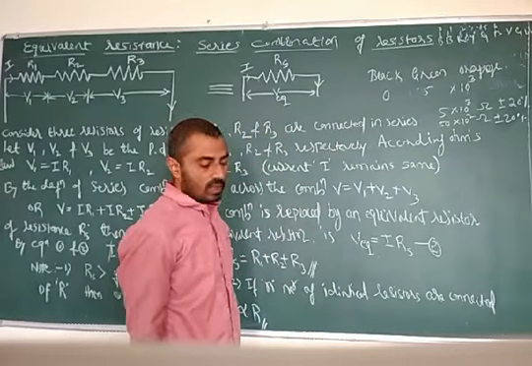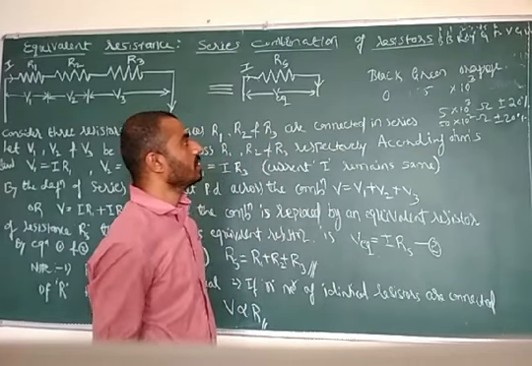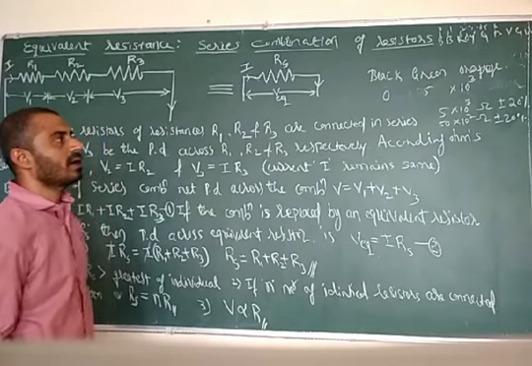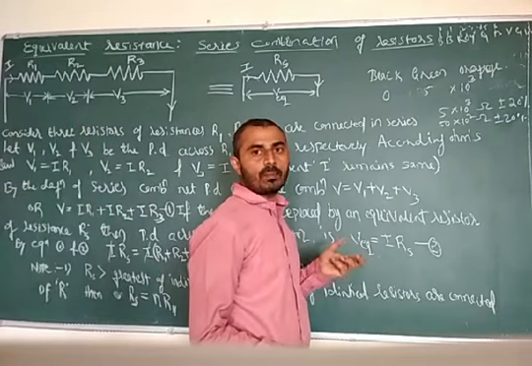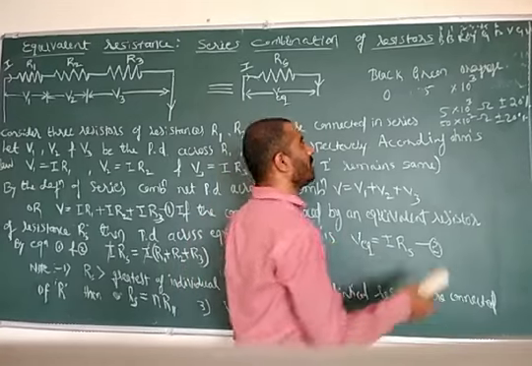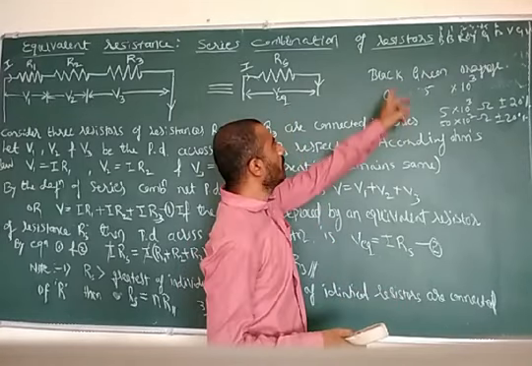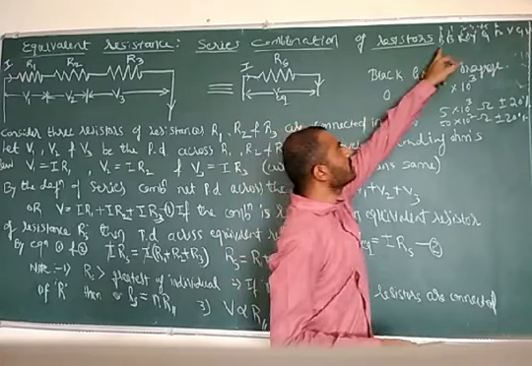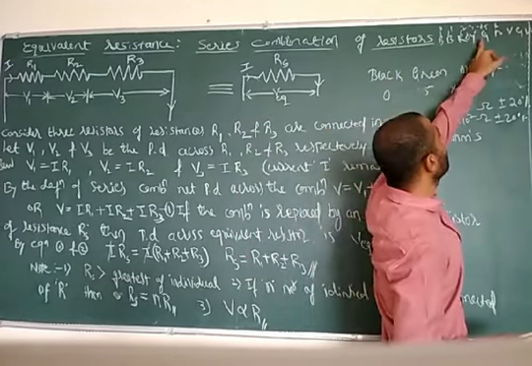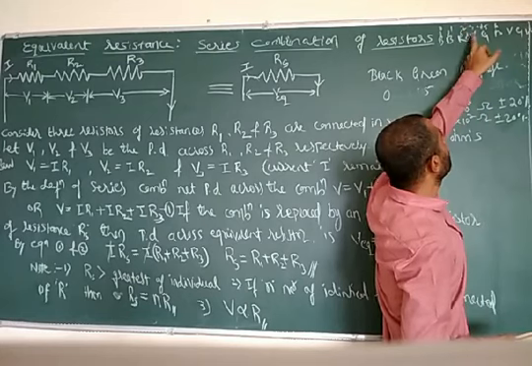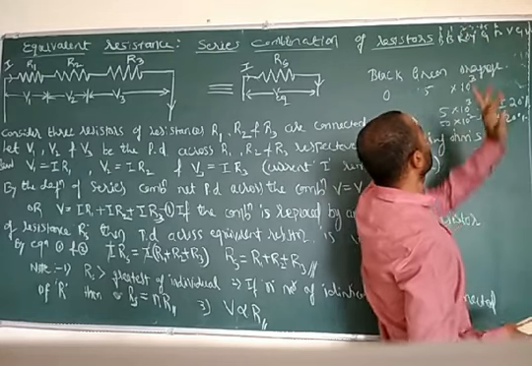See that if the numerical value is given, try to write its possible color combination. If colors are given, 3 band or 4 band, depending upon that, the corresponding numerical value should be written. This is correct. Black, green, orange.